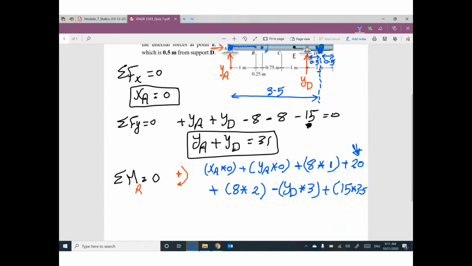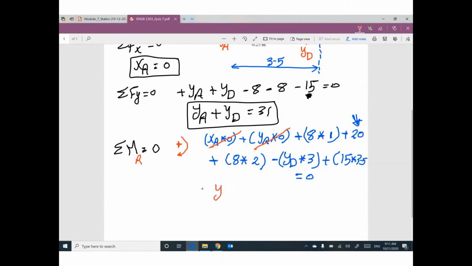This equation equals 0. This term will be cancelled. This term will be cancelled. The only unknown in this equation is YD. It will be 32 something, I believe. I cannot remember the number, but anyway, 32 kilonewton. If you go back with YD in this equation, I can figure out the value of YA.